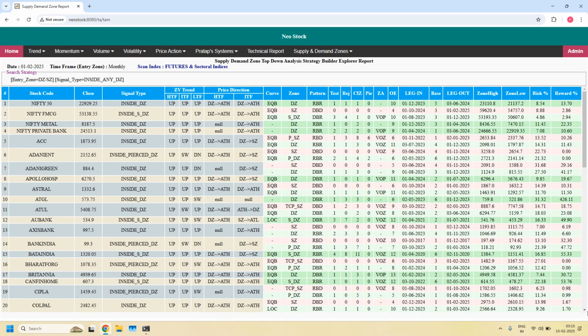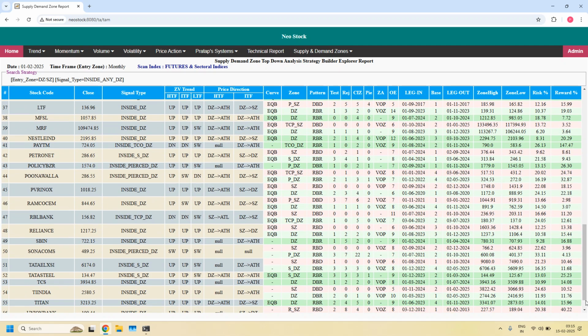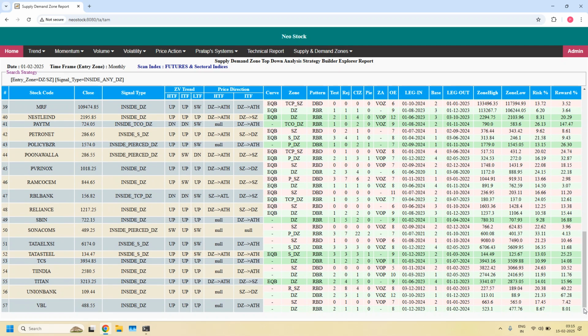Okay, for the first 20 stocks in the list, I'm scrolling the list down. So total 57 stocks.